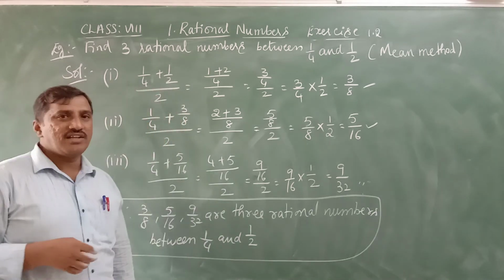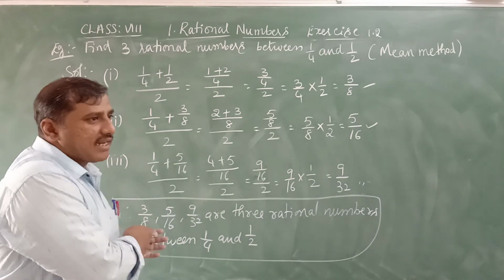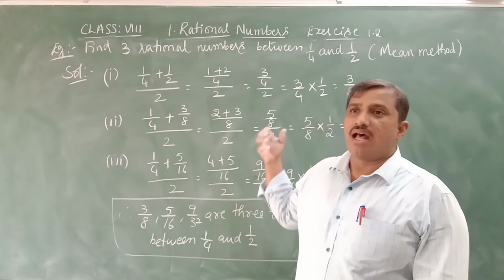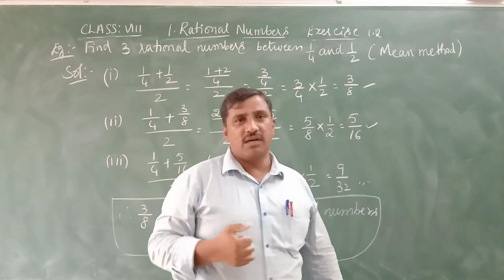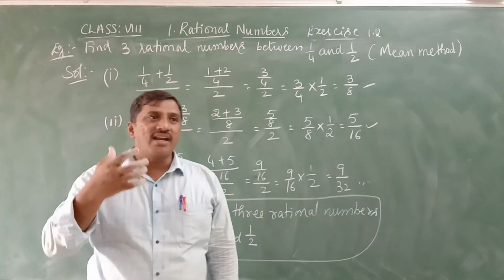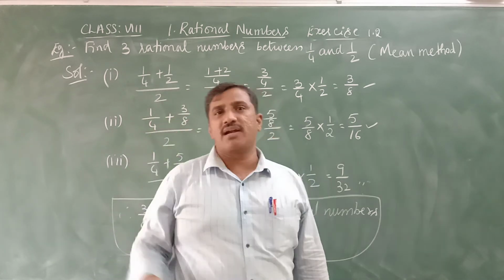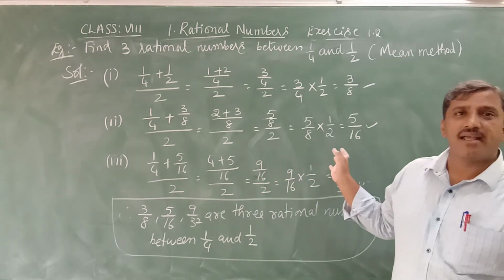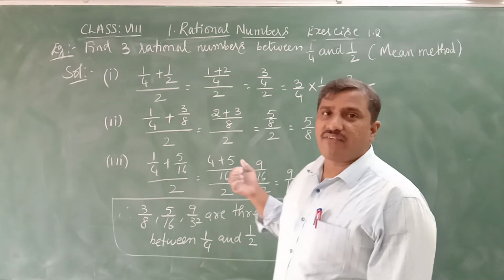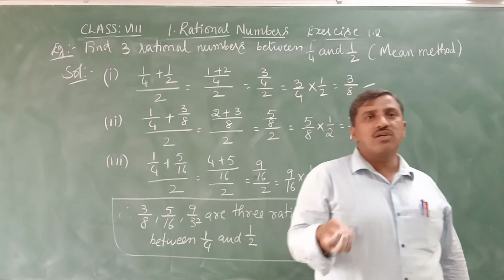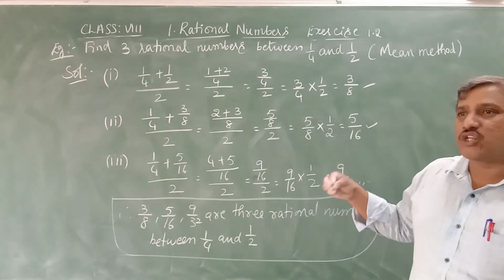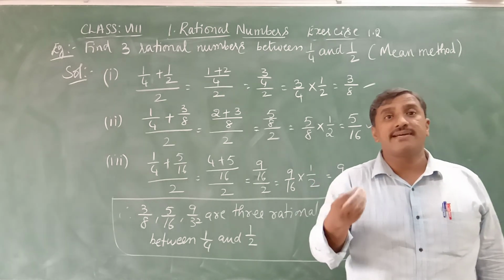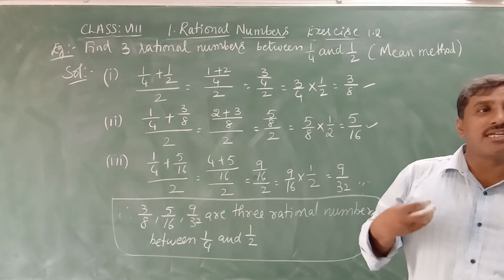In addition to that, we studied the applications of these properties in solving the exercise number 1 problems, and identifying the reciprocals, multiplicative inverses. And finally the last concept we studied in this chapter is the representation of rational numbers on the number line, and then finding rational numbers between any two rational numbers by using the mean method, and as usual by converting them to like rational numbers, that is rational numbers with the same denominator.